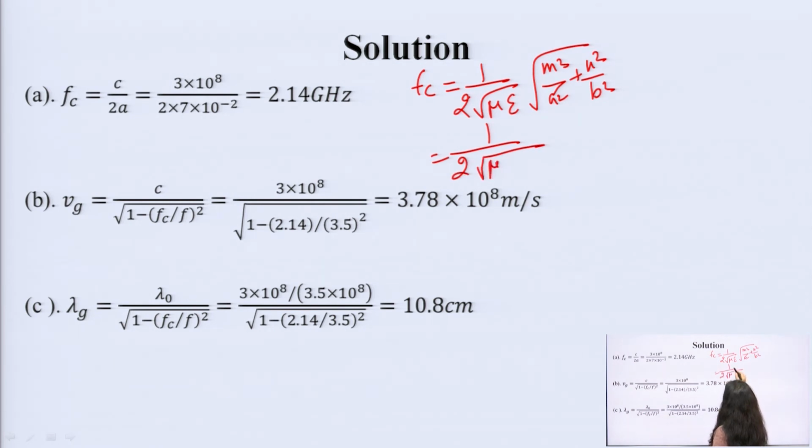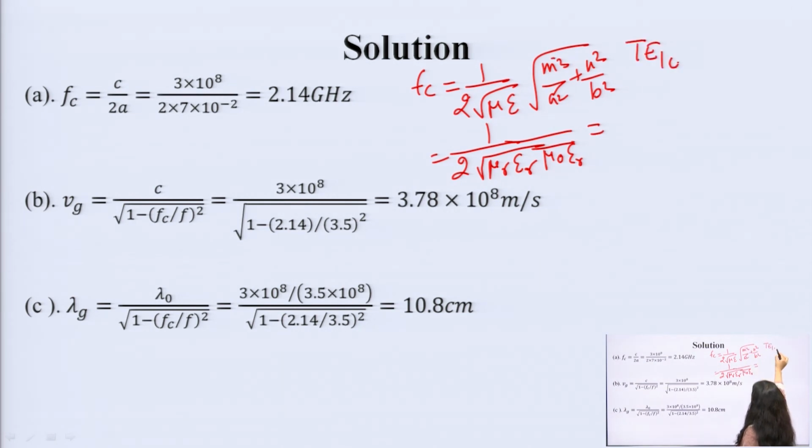In place of mu, we can write mu r mu naught, and epsilon r epsilon naught, and for the TE10 mode, m is equal to 1 and n is equal to 0. So this will be 1 upon a square.